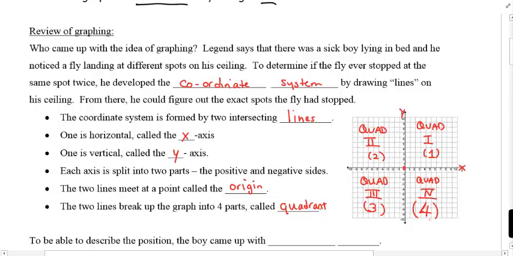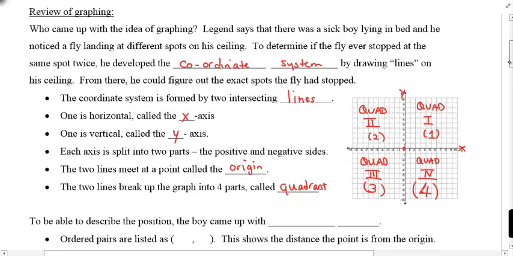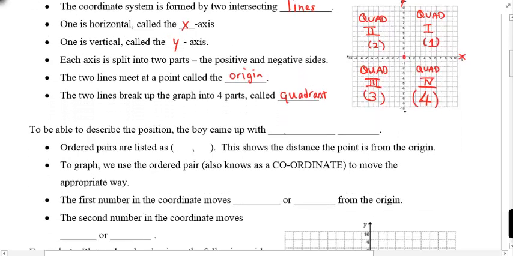To describe a position, the boy came up with something called an ordered pair. Ordered pairs are listed in brackets, with the x value as the first number, then a comma, and then y as the second number. This shows the distance from the origin. To graph, we use these ordered pairs, also known as coordinates.